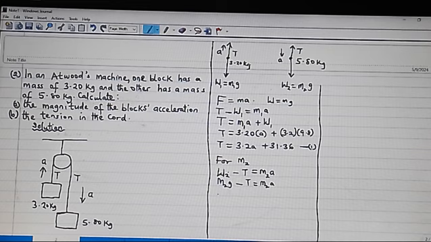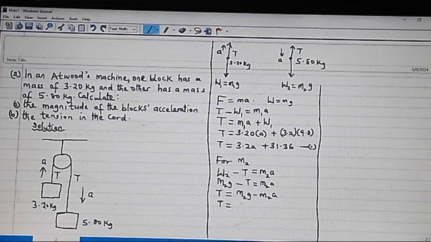In that case, our tension T will be equal to M2G minus M2A. So if we proceed, what's our M2 in this case?